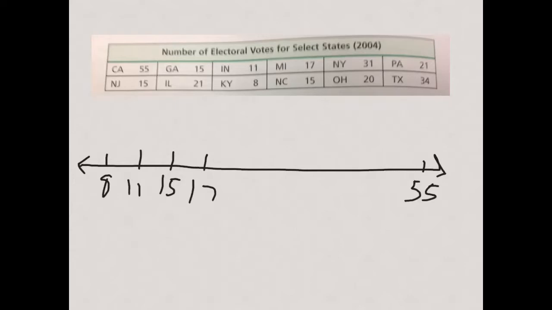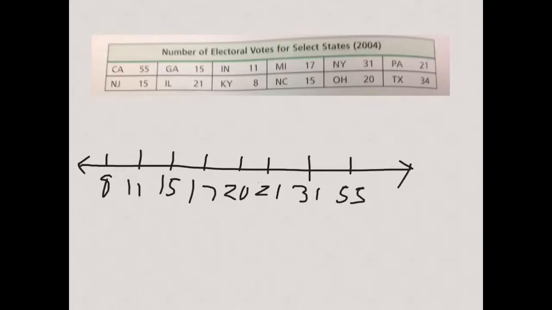So my next number up would be 21, then 31, and then, made a mistake. Sorry about that, 20, 21, 31, and then 55. So I could even shorten this up now.